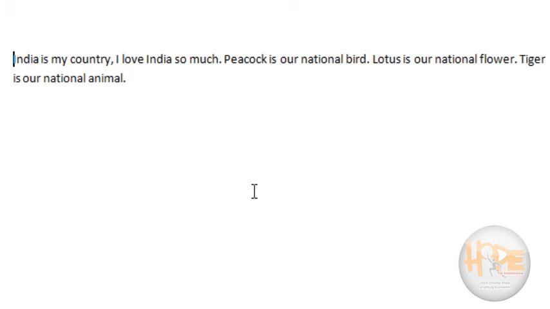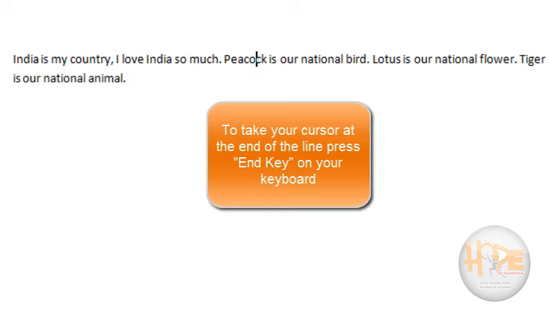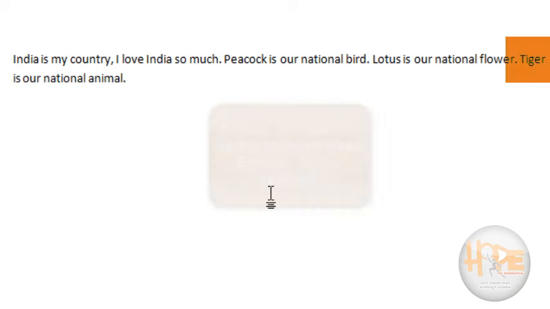Suppose you want to put your cursor at the end of the line, and right now our cursor is in between somewhere, press the End key on your keyboard, and as you can see, I have pressed the End key and my cursor is placed at the end of the line.